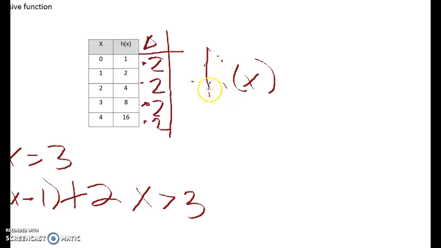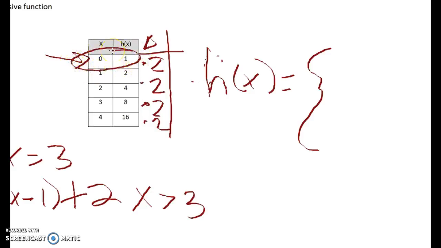All right. h of x is equal to, and in this case, the first entry in this table we want to focus on is where the output is 1, and it's 1 when x is equal to 0. This time, since it's not repeatedly adding, it's repeatedly multiplying, we're going to use multiplication.